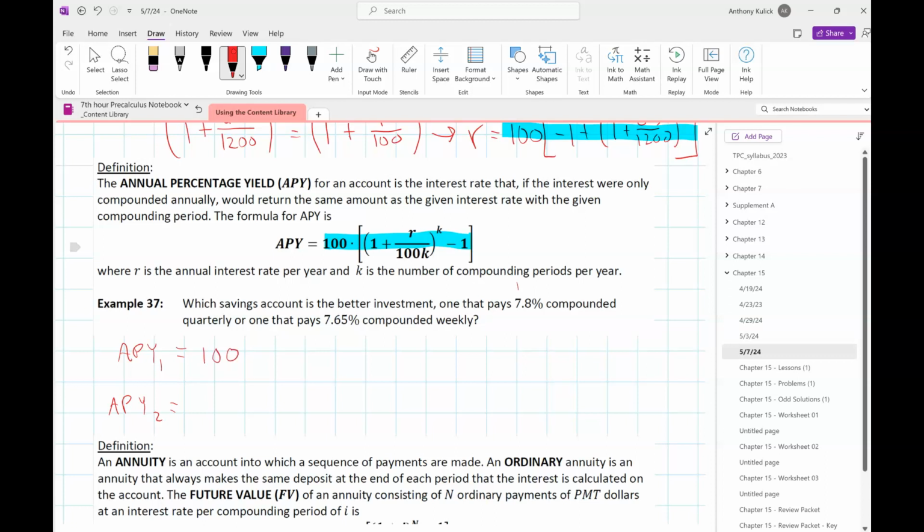All right, so let's see. My R1 is 7.8 and my K1 is 4. My R2 is 6.5 and my K2 is 52. So now it's just a case of plugging it in, right?